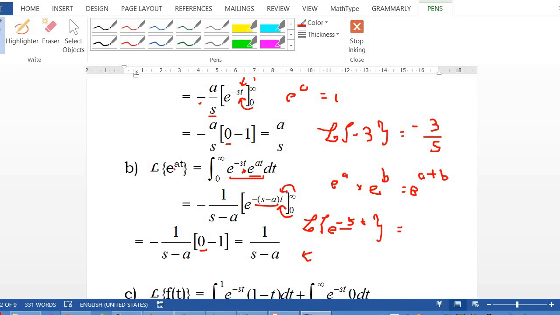Because Laplace transform of exponent at is 1 over s minus a. For exponent negative 5t, where a is negative 5, you have 1 over s minus negative 5, which is 1 over s plus 5.